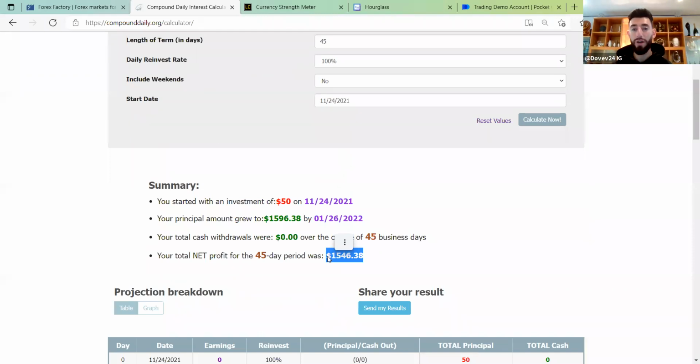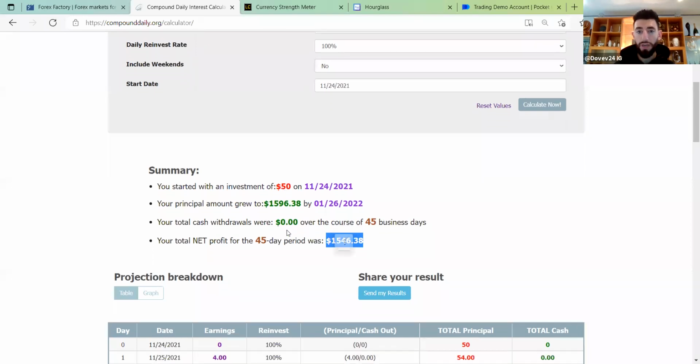For example, we try not to risk more than 3% of the account. Let's say it was $100. We only risk $3 in every trade, okay? Now that the profit rates are higher on Pocket Option, it will be much faster to get there.